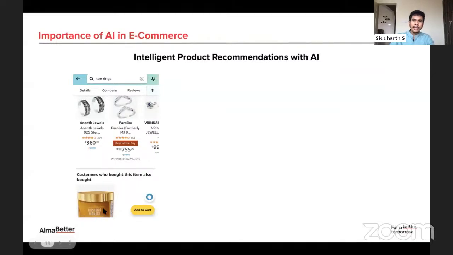Just imagine, no one wants to buy haldi from an e-commerce website, but someone who wants to buy toor dal from the website might. If 100 people come onto the website and buy toor dal, and you show this item, at least 30 of them will go and buy haldi. So you're creating a new market for haldi just by the recommendations. That is the power of AI.